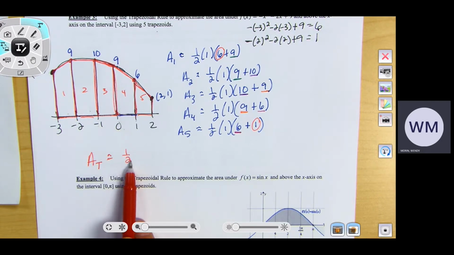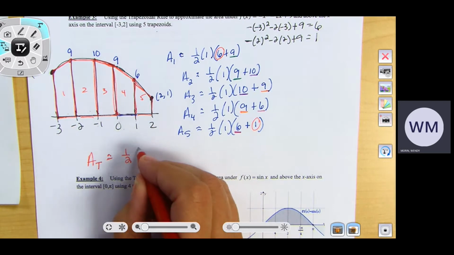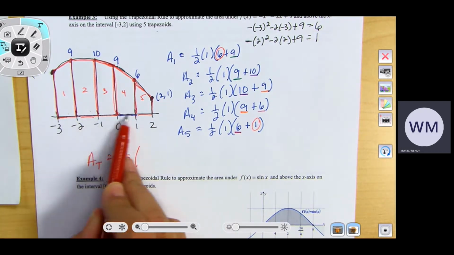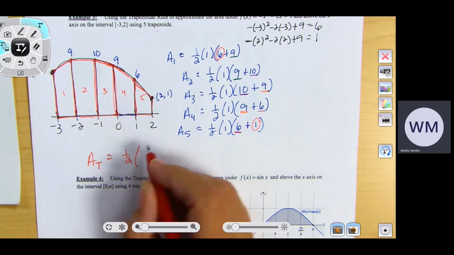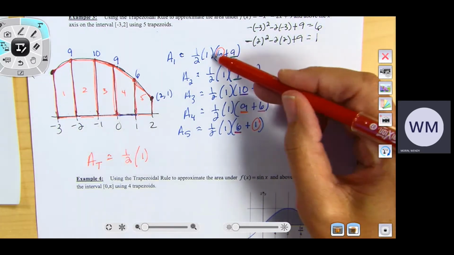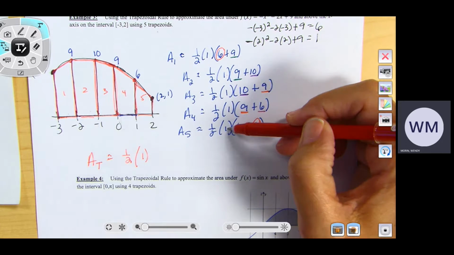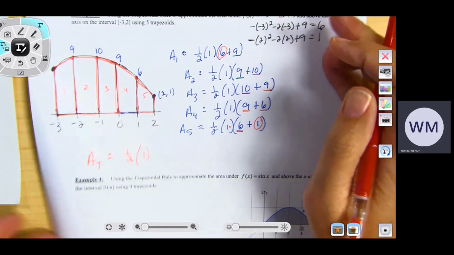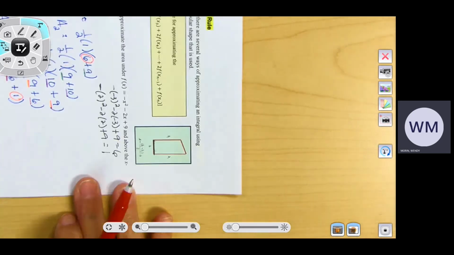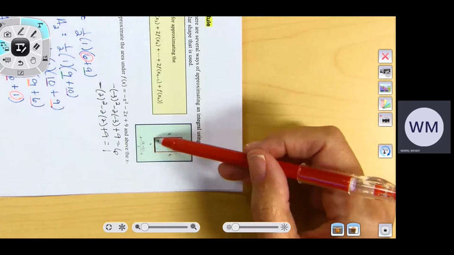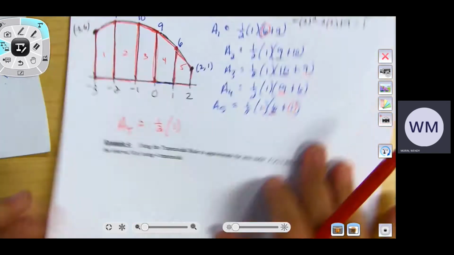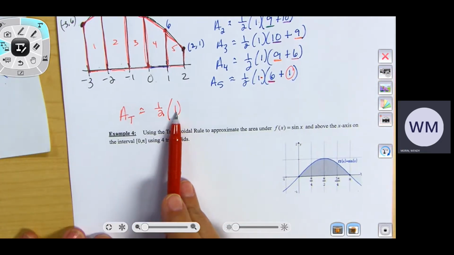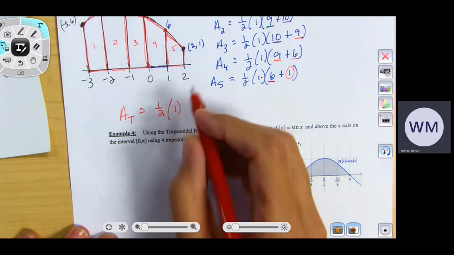Well, this height right here is 1, because each one of these has the same. And when I say height, again, it's the height of the trapezoid. That's your base. So 1/2 the height of your trapezoid times the sum of your bases.